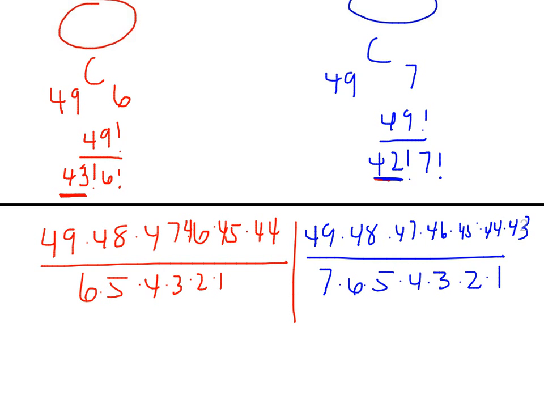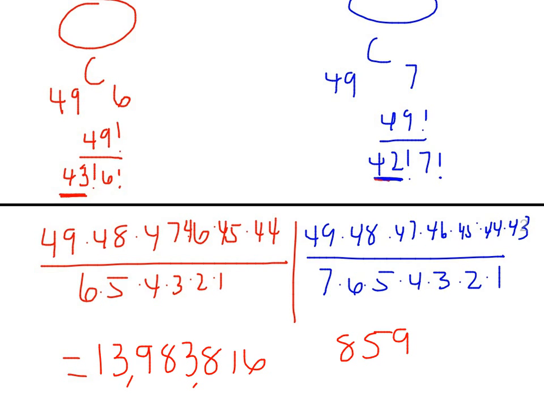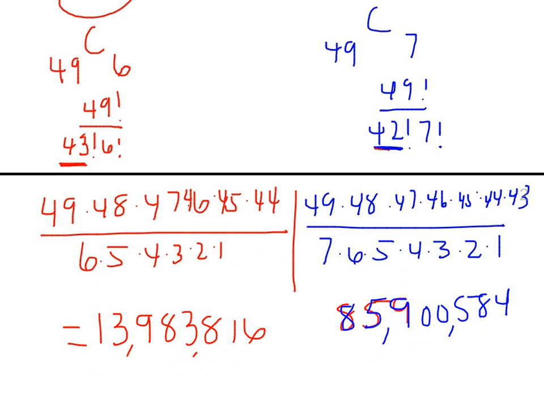When you do this, what you will get is 13,983,816, a little over almost 14 million. And for this one you get 85,900,584, so almost 86 million.